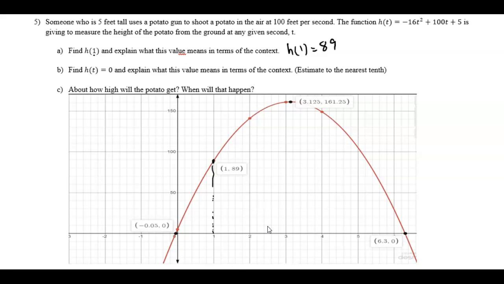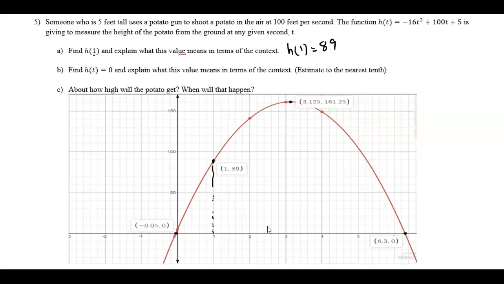Now, they ask us to find h of t equals 0 and explain what this value means in terms of the context. They want us to find, if the height is 0, at what time.